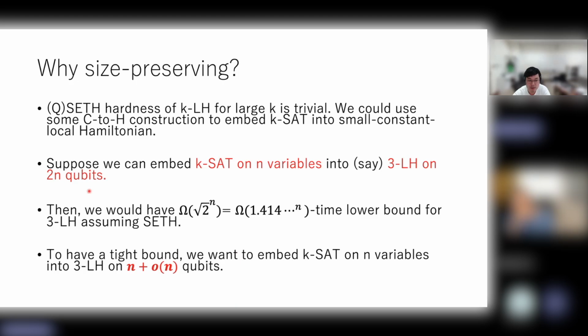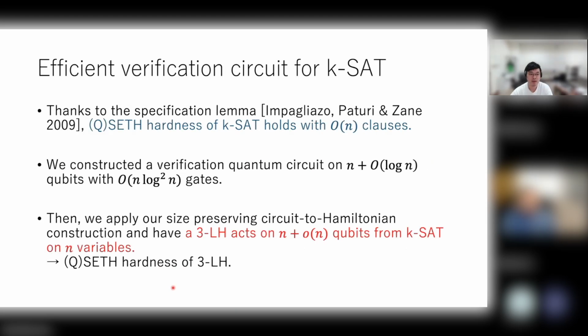And to have a tight lower bound, or to claim that the 2 to the n time algorithm is optimal for the 3-local Hamiltonian problem, we really want a size-preserving reduction.